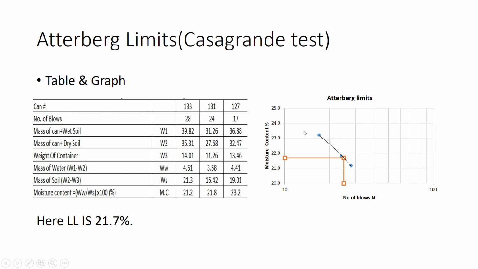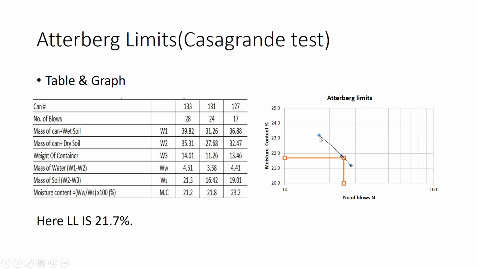This is the result covering the liquid limit by the Casagrande method. These are the can IDs, number of blows, and this is the moisture content of each trial.